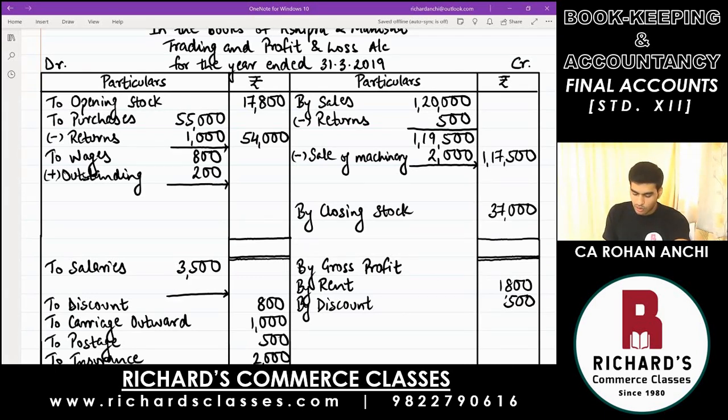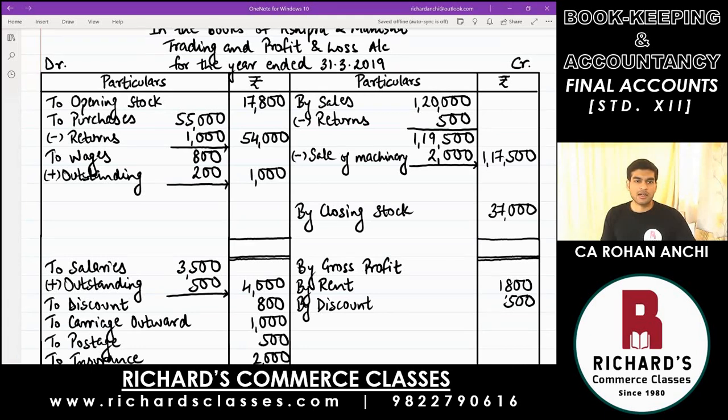Totally, when you add up in the outer column, wages is 1,000. Same thing for salaries. There also write down plus outstanding. Salaries outstanding is 500. Add up and total salaries in the outer column is 4,000.